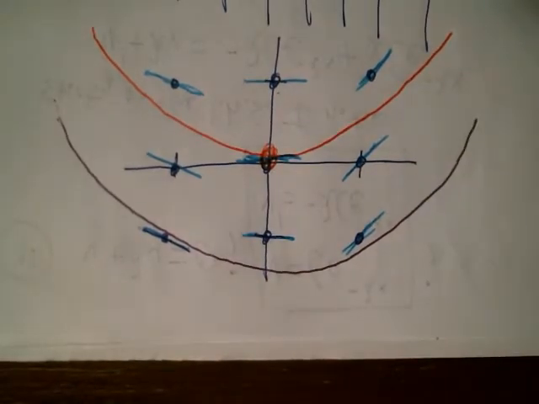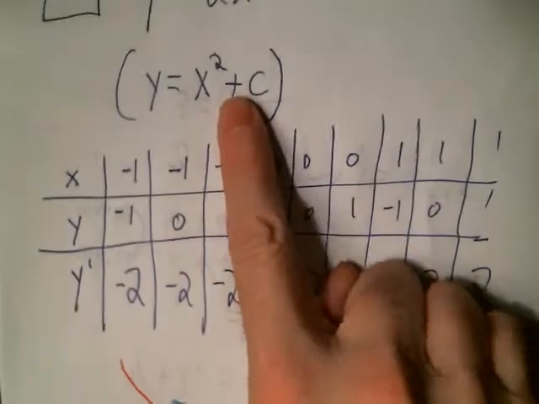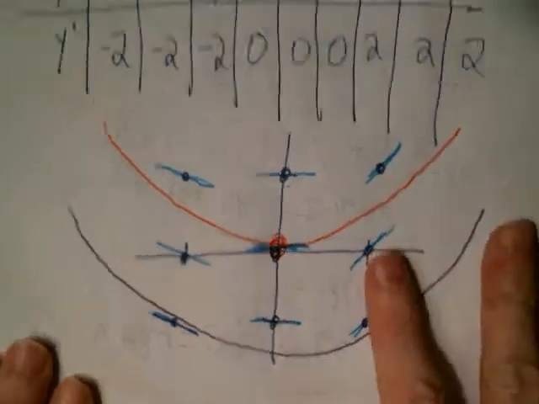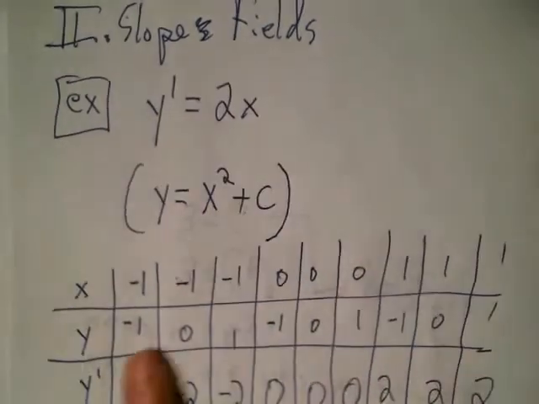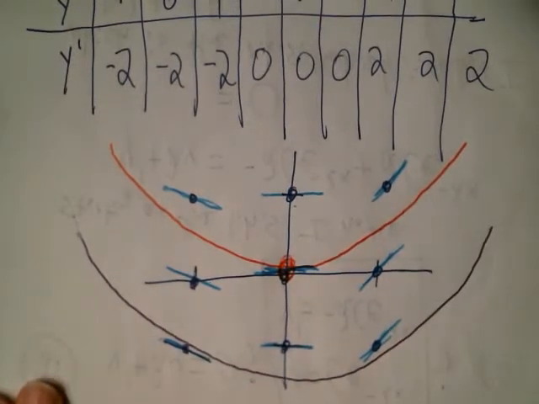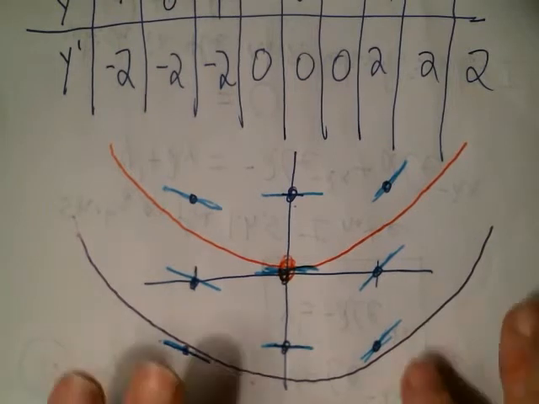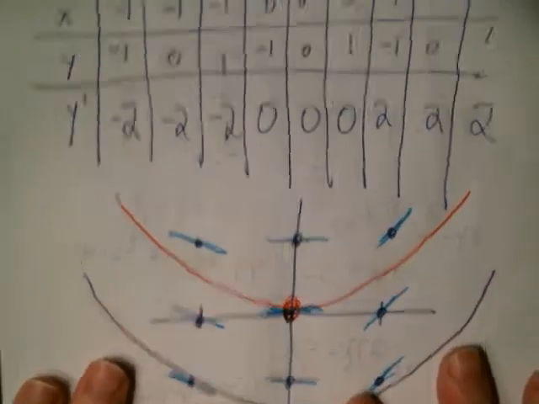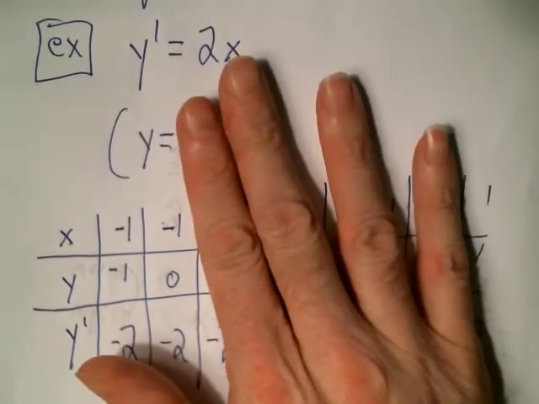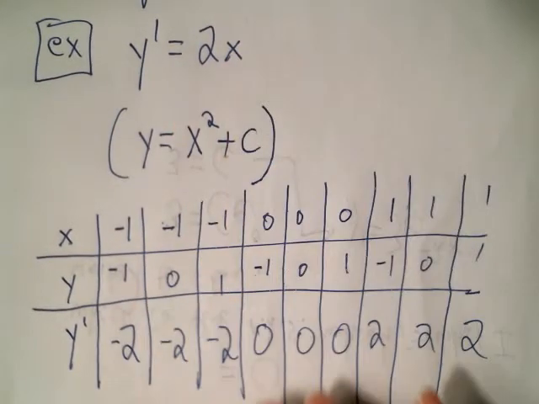So even if I didn't know the actual solution, which was a bunch of parabolas, which is kind of what we're getting here, I could draw this and just fill in the solution curves. And it works. You don't have to do any algebra for that, which is nice, especially if this doesn't have a way of being solved, which happens a lot.